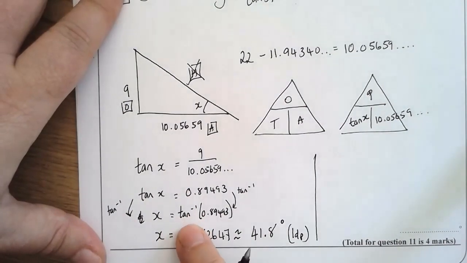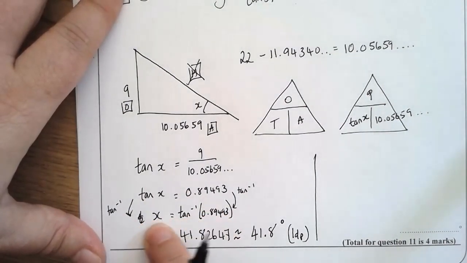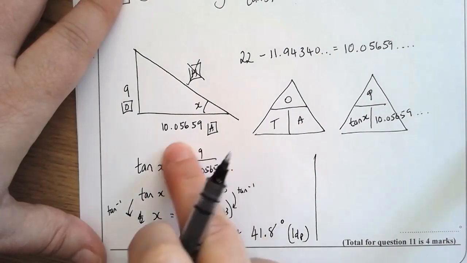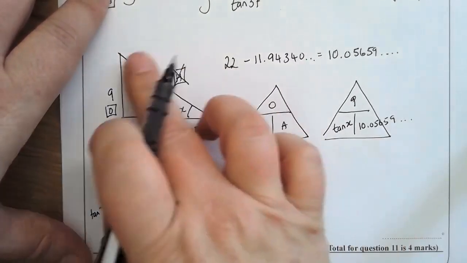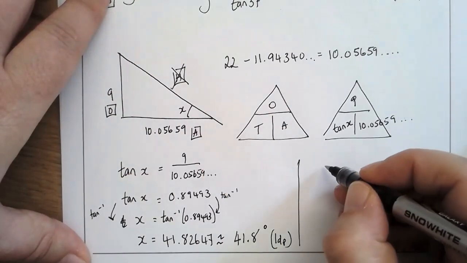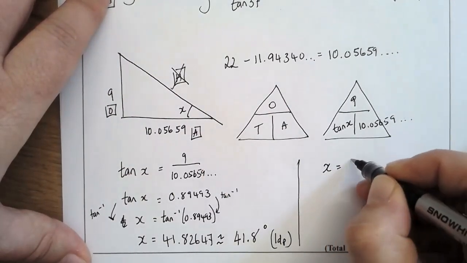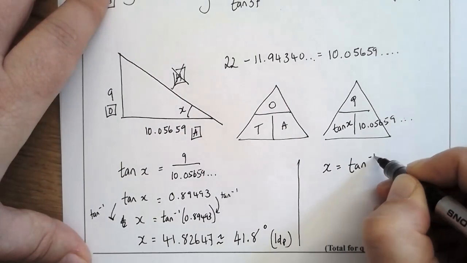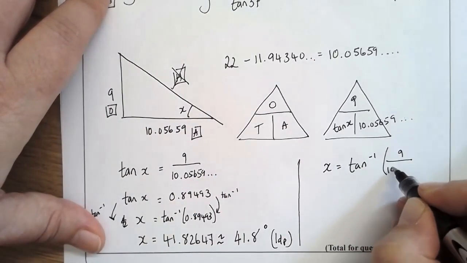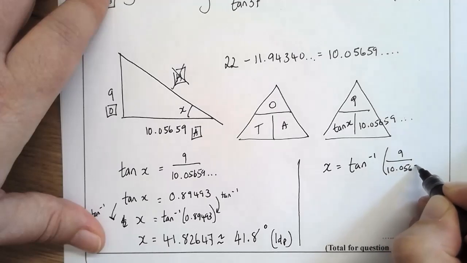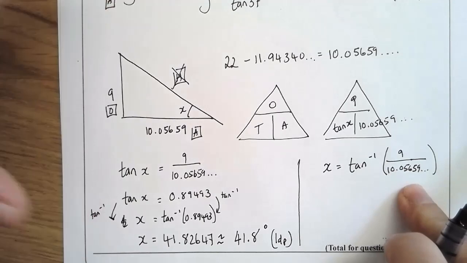Okay, so that's one way of working through it. If you already understand this step here, and you don't need to do that rearranging to get there, then you can go straight from this information here to x equals tan of this here. Now, there are clever ways of having stored this in my calculator.